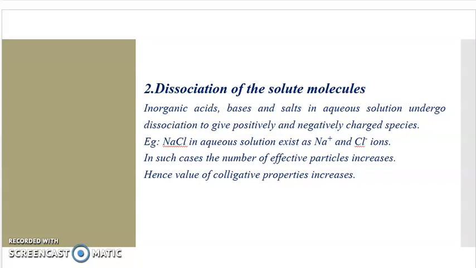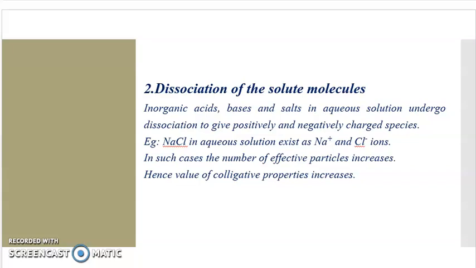If we add 1 mole of NaCl to the water, in solution it will dissociate and give 1 mole of Na+ and 1 mole of Cl-. So actually we took 1 mole of NaCl, but in solution there will be 1 mole Na+ and 1 mole Cl-, totally 2 moles of solute particles.